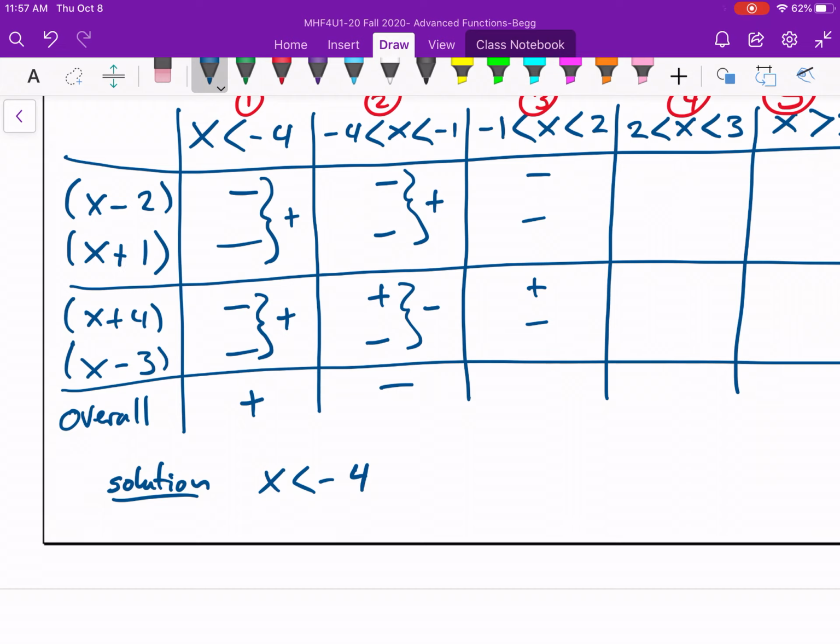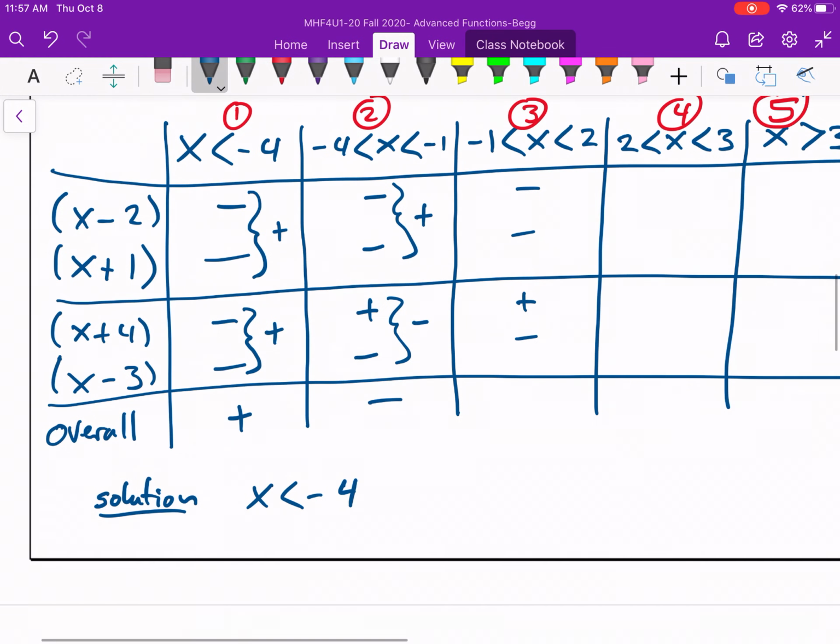This should have been an x plus 1, shouldn't it? Double checking though, this should have been a positive. But even if I backtrack and check, if I put -4 into here, this would still be negative. If I put -2 into x plus 1, this would still be negative. But if I put 0 into x plus 1, this one turns out positive instead of negative. So pardon that little mistake I made. And if you'd noticed it a long time ago, you're probably feeling happy that I corrected it.